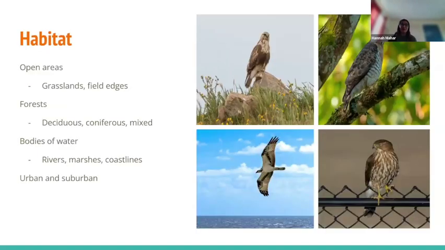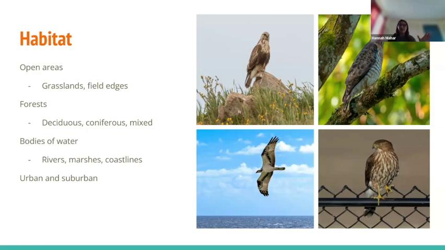So next, and arguably one of the most important tools for identification, is habitat. A lot of times you can really narrow down what raptors you're looking at by knowing which ones are native to the specific habitat that you're in. So for example, for very open areas such as grasslands or field edges, we would typically think of our harriers or kestrels.